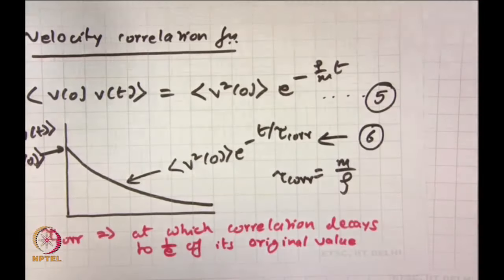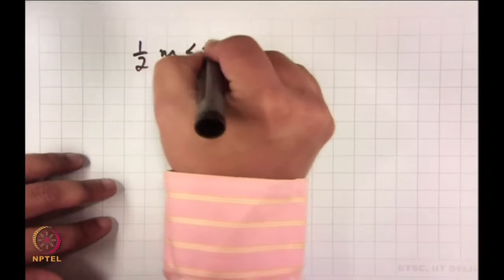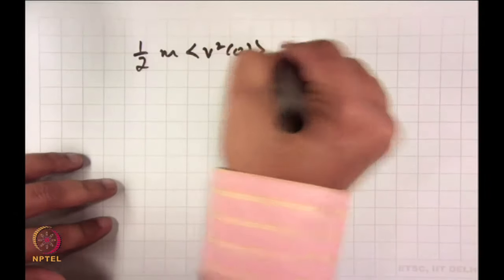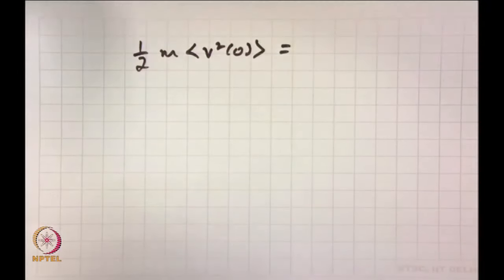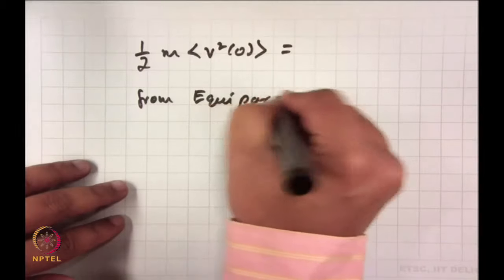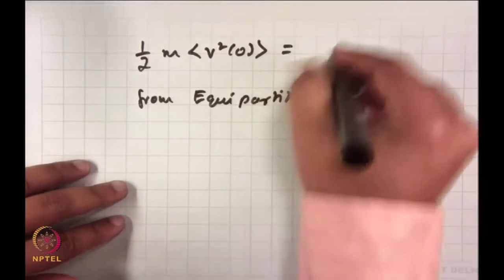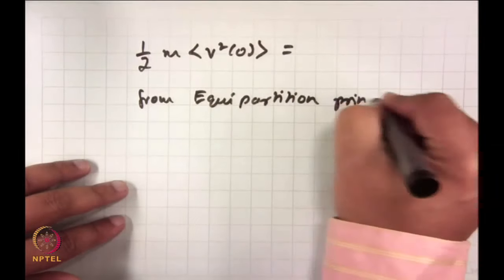Well, what do you mean by simplification? From equipartition principle, if you remember, half m v square 0 should be equal to what? This is from equipartition principle.